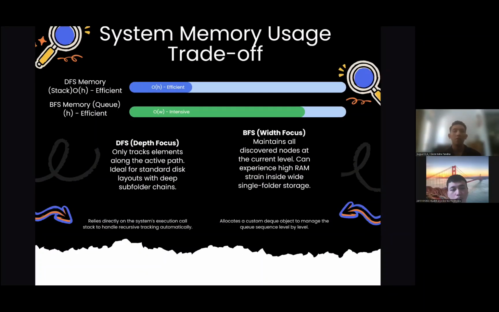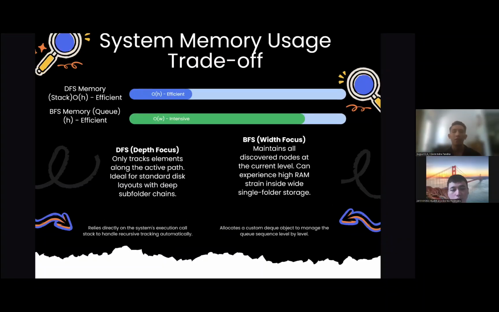So if the time is the same, what is the main difference? The most crucial and fundamental difference between these two algorithms actually lies in system memory usage, or space complexity. This is where a very interesting part of our comparison occurs.